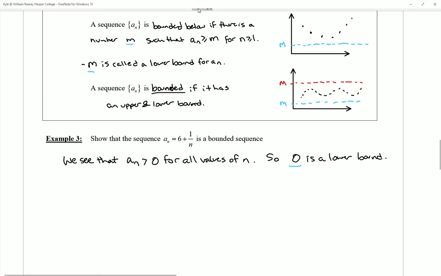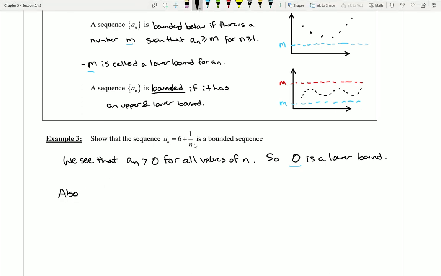Well, notice I could say the same thing by looking at upper bounds. Is there a number that I could guarantee no number in this list would ever get larger than? Couldn't you definitely say a sub n is always going to be less than or equal to 7? Since we know that 1 over n is always less than or equal to 1, right? If you plug 1 in for n, you get 1, but anything else you get smaller.